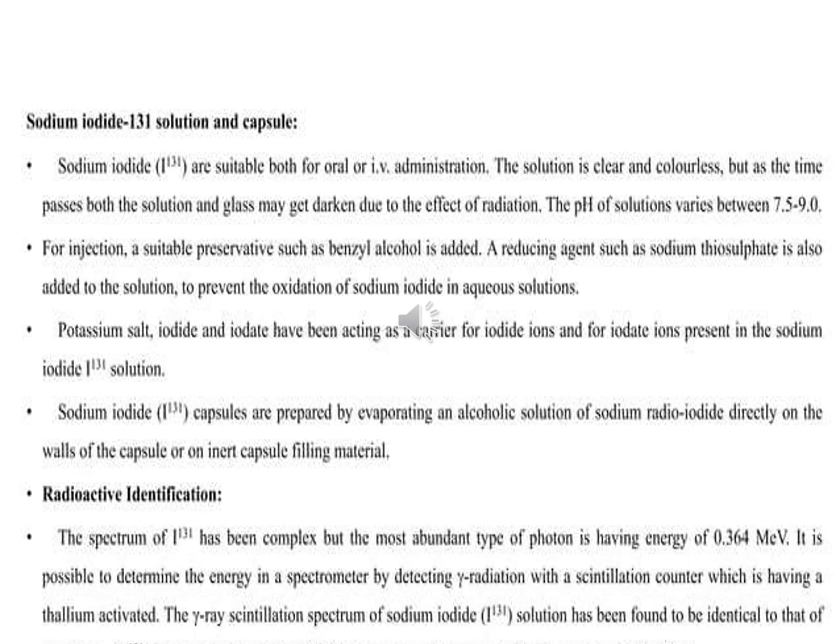It is possible to determine the energy in a spectrometer by detecting gamma radiations with a scintillation counter which has a thallium-activated sodium iodide crystal. The gamma-ray scintillation spectrum of sodium iodide solution has been found to be identical to that of a specimen of I-131 of known purity, which exhibits a major photoelectric peak having an energy of 0.364 MeV.